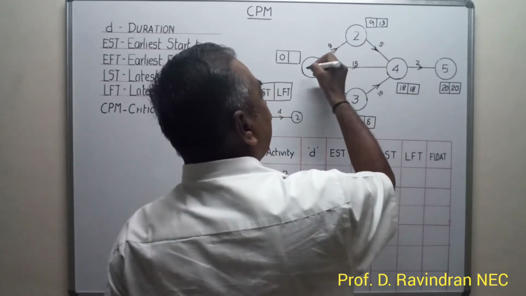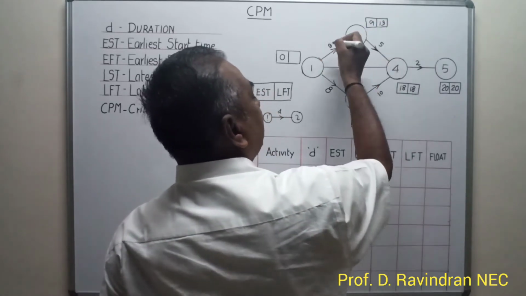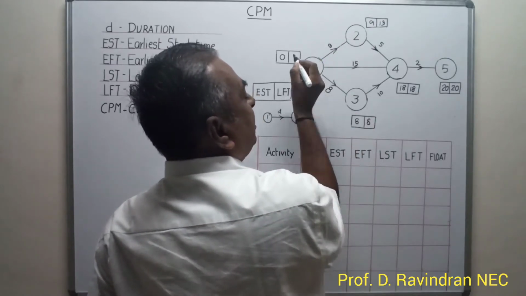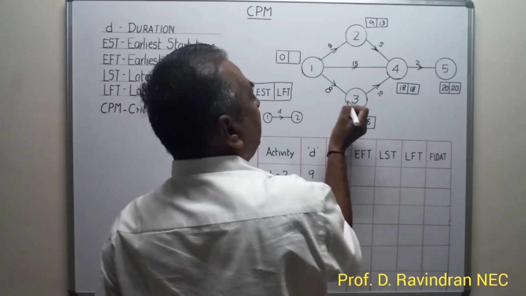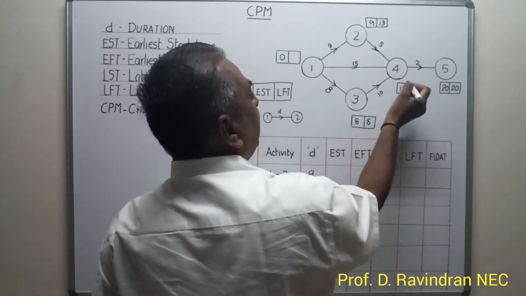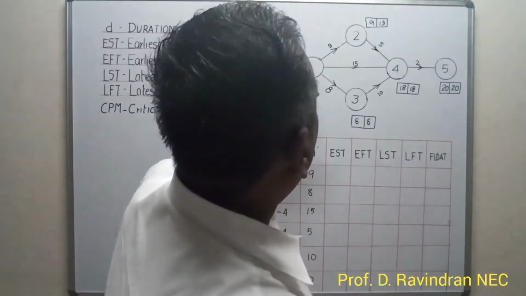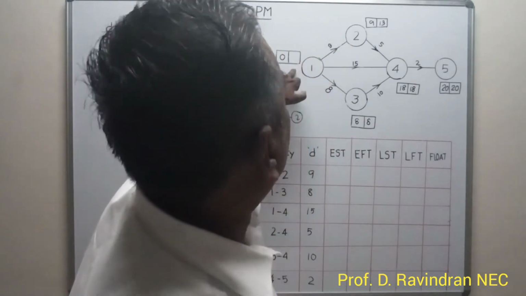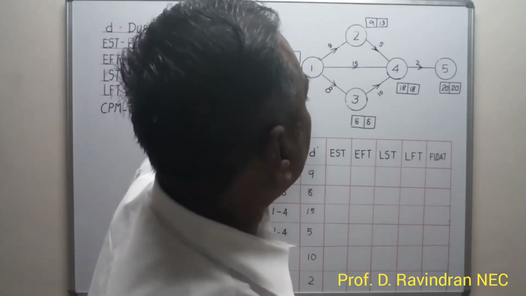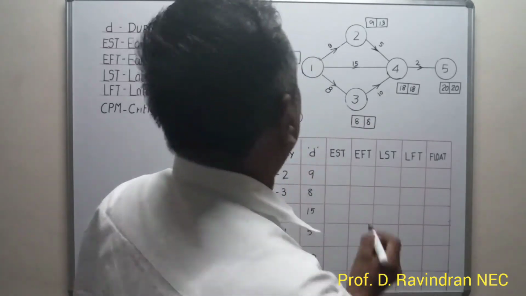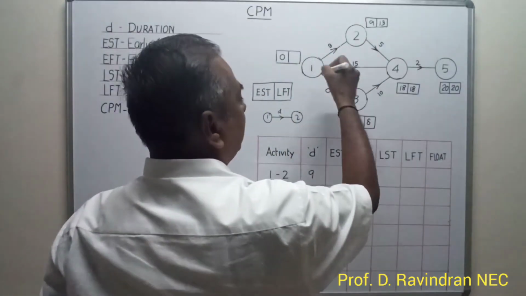whereas for this activity, 13 minus 9 comes to 4 days here, but on this side 8 minus 8 is 0. Here 18 minus 15 is 3. So here we have to fix the minimum possible time only, because the latest finishing time of this activity is determined when too many arrows are emerging.